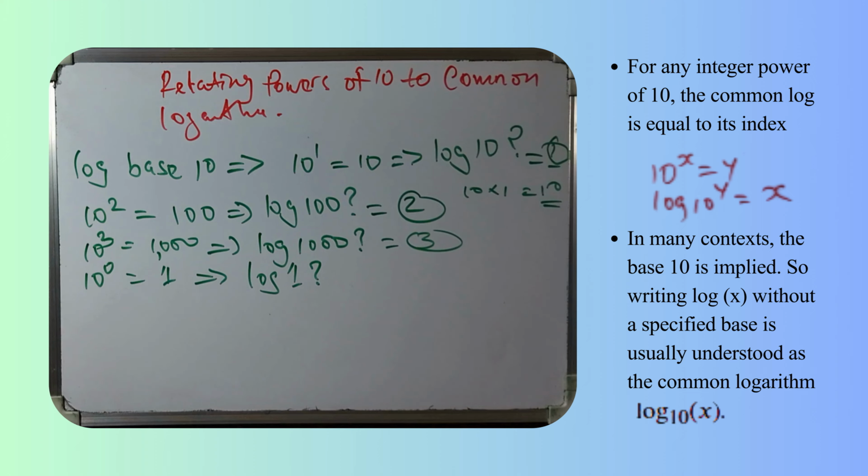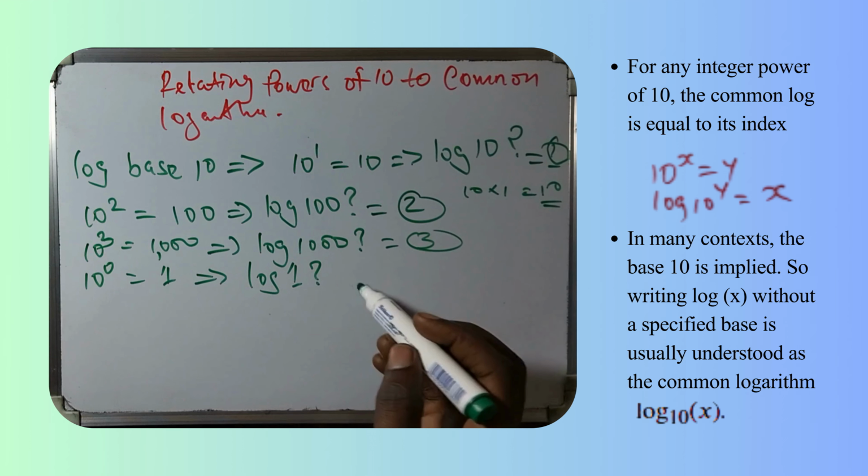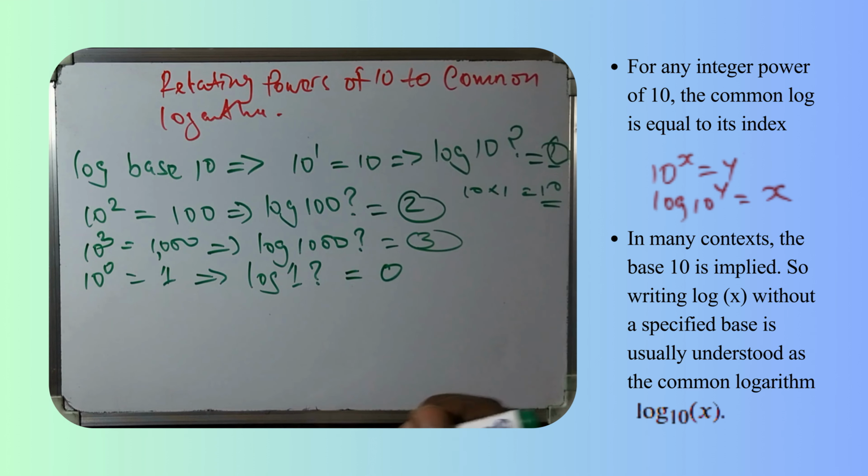I'm asking you, what do you need to raise that 10 to get 1? And you'll find that log 1 is 0, because if you raise 10 to 0, you get 1. I don't know if it's making sense.